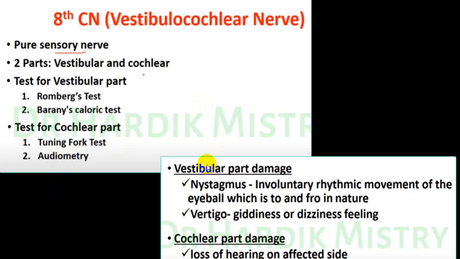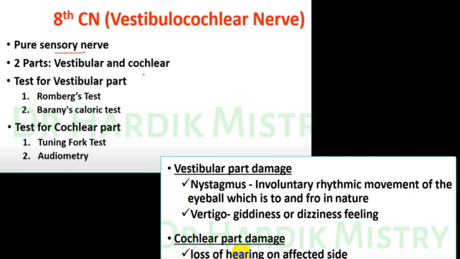So we already mentioned the vestibular part. If there is damage, you will have nystagmus, vertigo, dizziness, ataxia, etc. While the cochlear division will produce disturbances in hearing on the affected side, and that may be of two varieties: conductive deafness and nerve deafness.